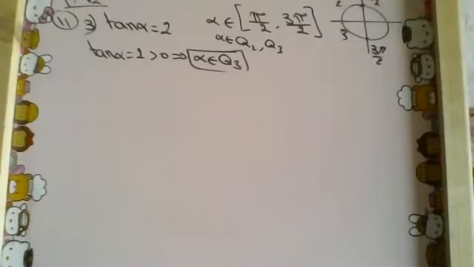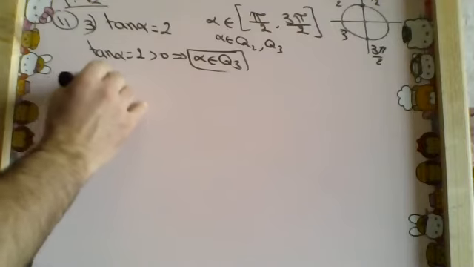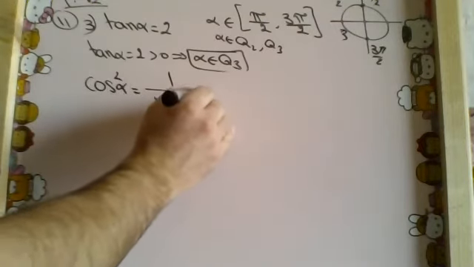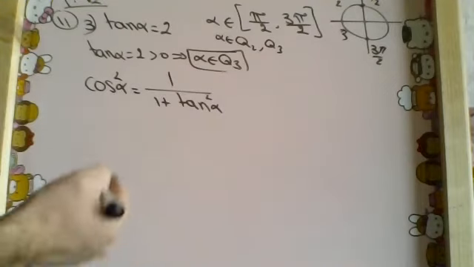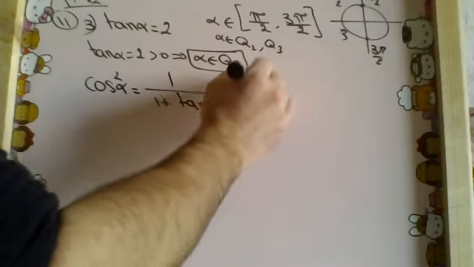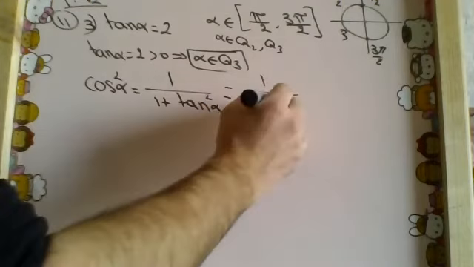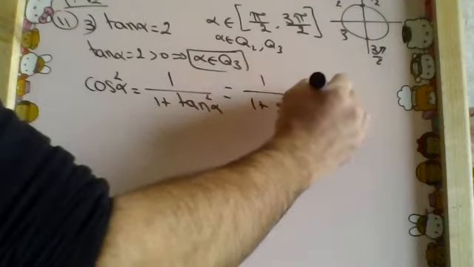So cosine squared alpha is equal to 1 over 1 plus tangent squared alpha, the rule we just mentioned. So 1 over 1 plus tangent alpha is 2, so tangent squared alpha is 4. So you get 1 over 5.